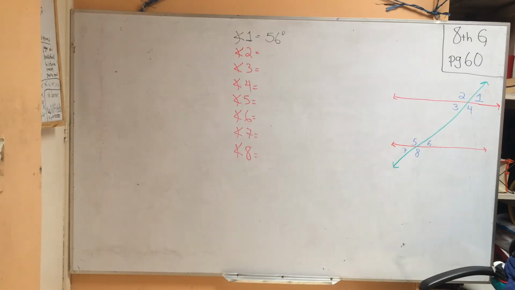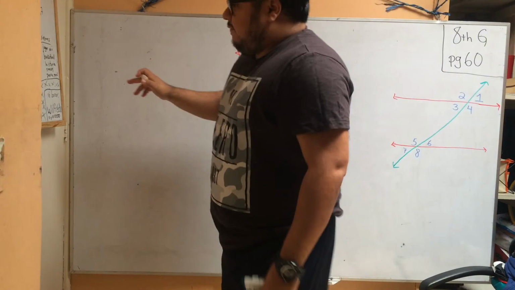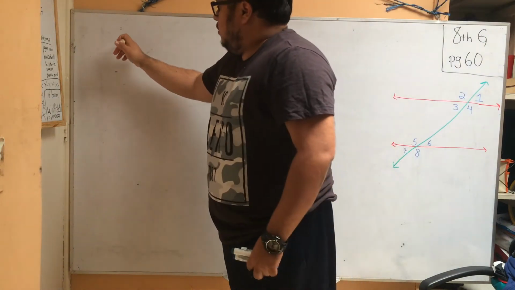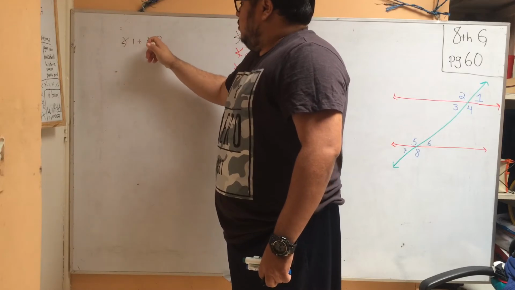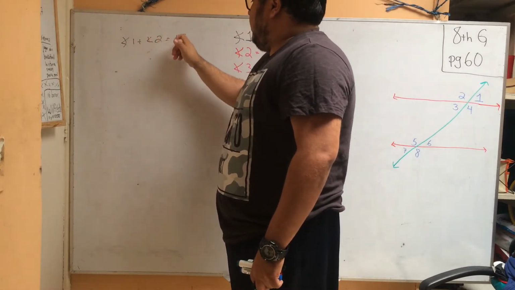Because remember, supplementary angles mean that the addition of the two angles is going to give us a total of 180. So if we take this information that we already know, angle 1 plus angle 2 is going to be 180.